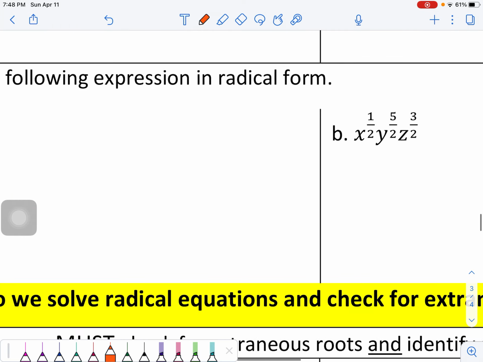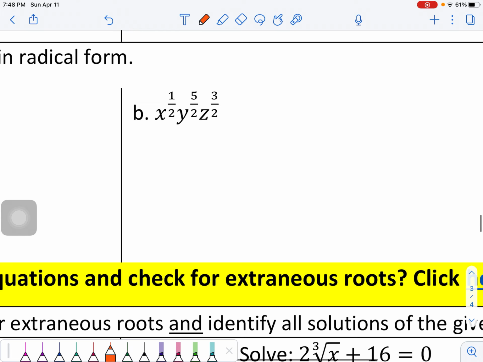All right. Number 20, part B, I want to look at my index here. So all of those denominators are 2, which means we're going to be talking about a square root. Now, you can either just write the radical symbol, or if you wanted to, you could put an index of 2. It is totally up to you. Since I wrote the index of 2, I'll go ahead and leave it.